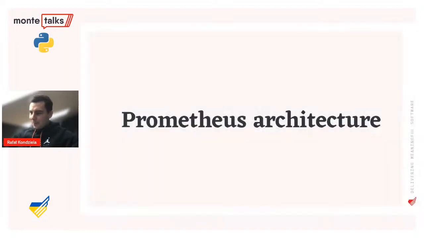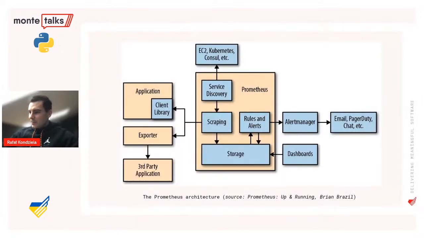Let's briefly see what the Prometheus architecture looks like. On this slide, you can see a simple diagram of the Prometheus architecture. In the middle, we have the Prometheus service core.